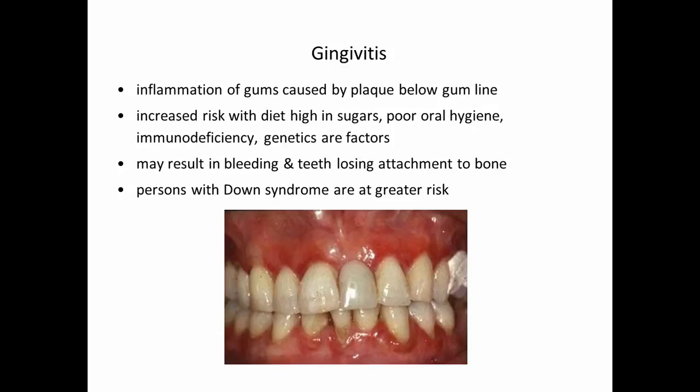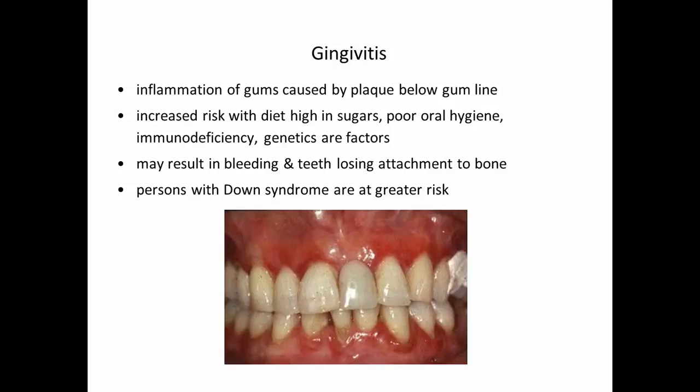The fancy way of saying gum is gingiva, and so inflammation is itis, and so inflammation of the gums is called gingivitis. And it's caused by plaque, again, which is the stuff that's secreted by the bacteria, below the gum line, and it hardens into something we call tartar.